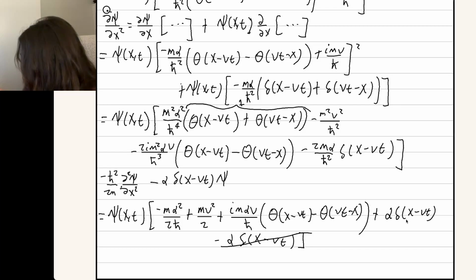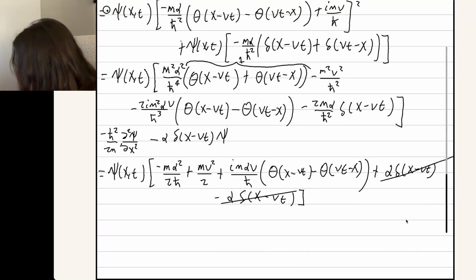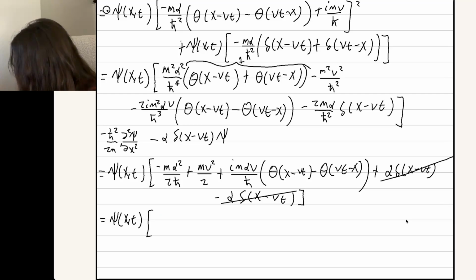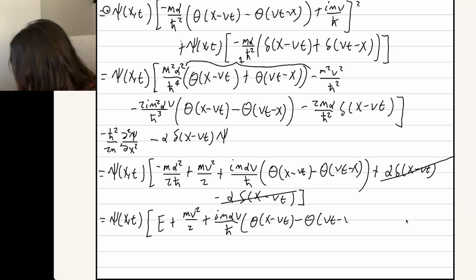So this term actually cancels out this term, and the form that we'll leave it in is psi of x and t times the expression for energy, E plus mv squared over 2 plus im alpha v over h bar times theta of x minus vt minus theta of vt minus x, and that's it.